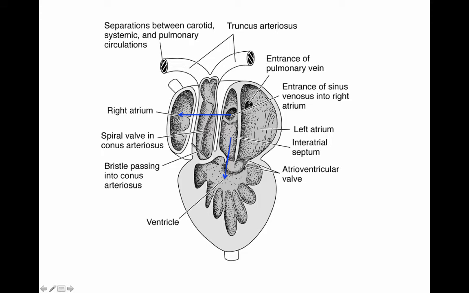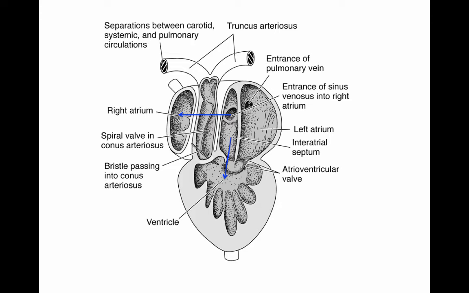The atrium is going to expand while the ventricle contracts, so this blood is going to be forced into this expanding right atrium. We're looking at this with the conus arteriosus sitting in front of the atrium, so imagine this blue arrow going back behind the conus. This is a section of the right atrium, and the blood is filling that chamber.